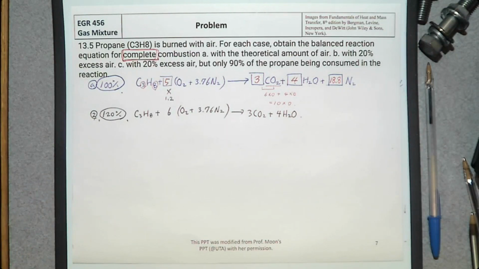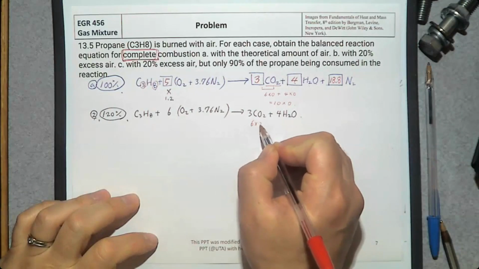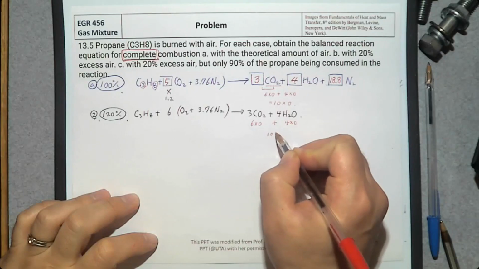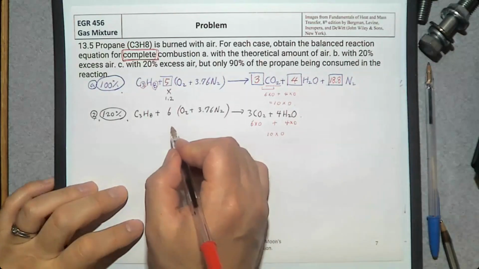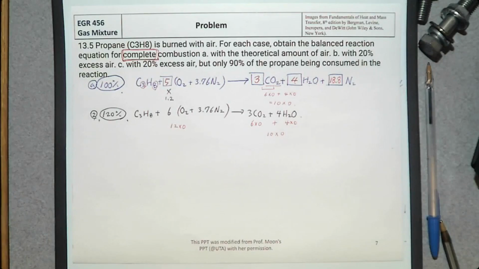Then how many oxygens do we need to have these reactions? 6 oxygen here, 4 oxygen here. All together, we need 10 oxygen atoms. And 6 times 2, we have 12 oxygens. So out of 12 oxygens, we only used 10 oxygens. So 2 oxygen atoms left over.